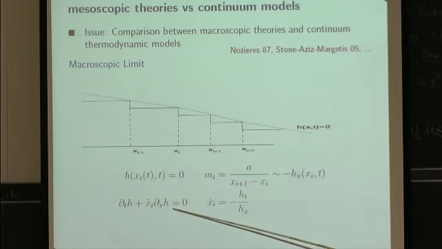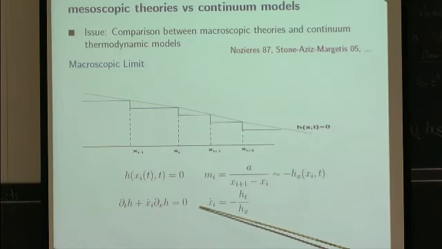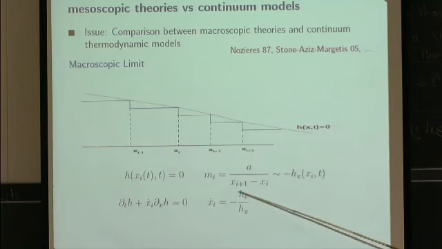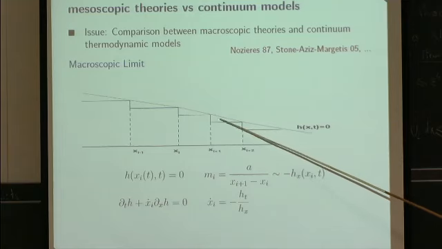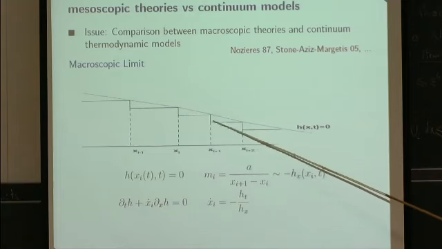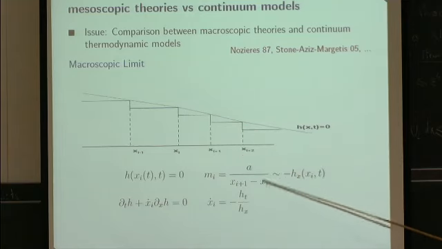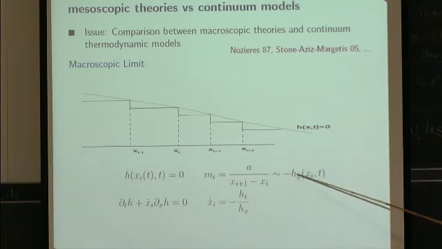You can calculate the derivative of this equation, and therefore you will get that xi dot is given by h sub t over h sub x partial, which is okay. And mi is the slope of the surface, the height over the difference between two consecutive steps, and this approaches the slope.